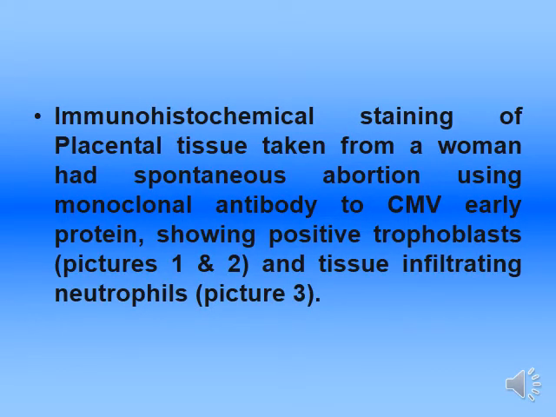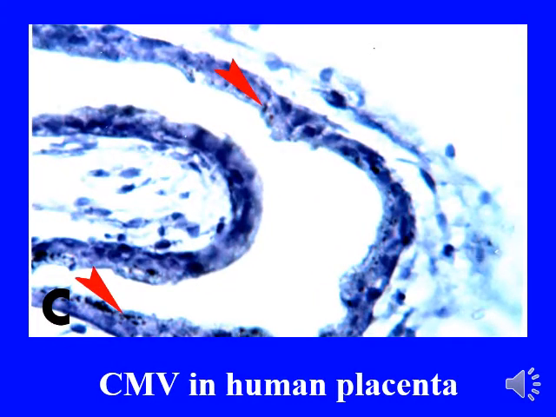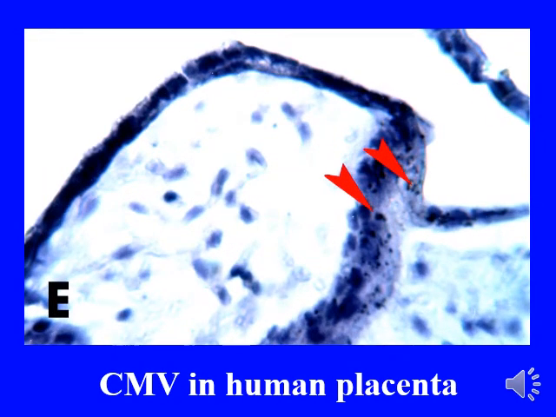Immunohistochemical staining of a placental tissue taken from a woman had spontaneous abortion using monoclonal antibody to CMV protein showing positive trophoblast and tissue infiltrating neutrophils. راح نشوفها هنا اللي هي CMV in human placenta كما مؤشر، وكذلك CMV in human placenta كما مؤشر هنا أيضا، وتكون هنا النقاط اللي هي براون كما مشاهد.